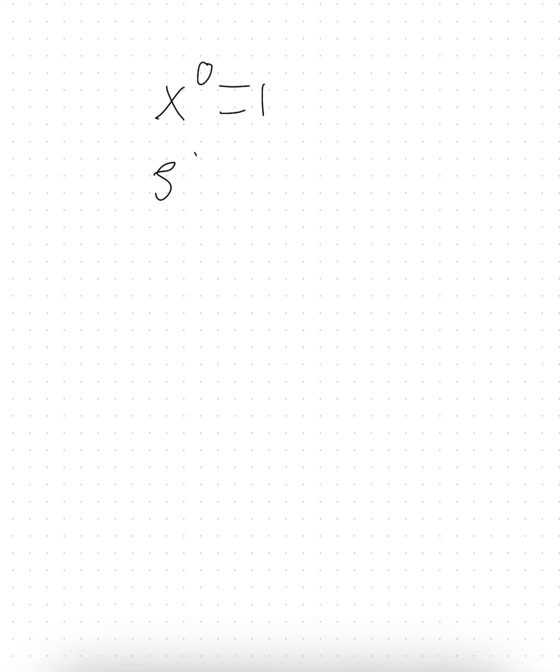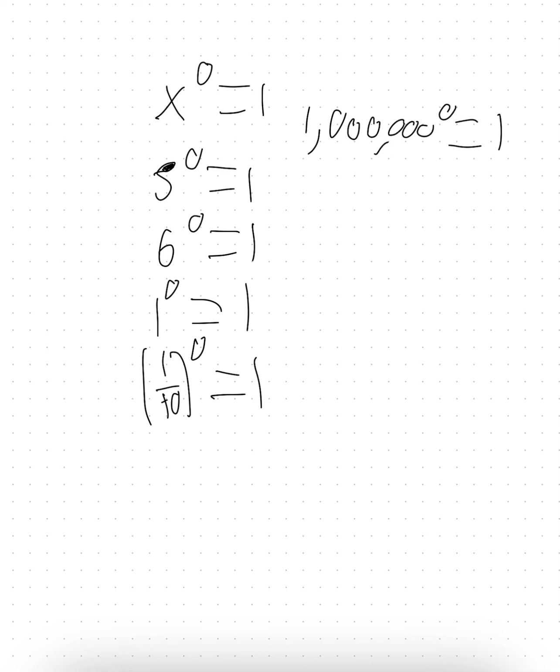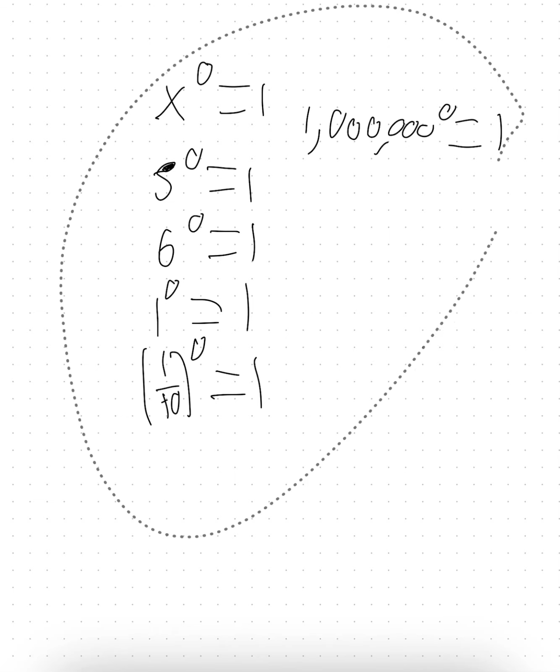So if I have 5 to the 0, that equals 1. 6 to the 0 equals 1. 1 to the 0 equals 1. 1 over 10 to the 0 equals 1. A million raised to the 0 equals 1. Anything to the 0 except for maybe 0 equals 1.